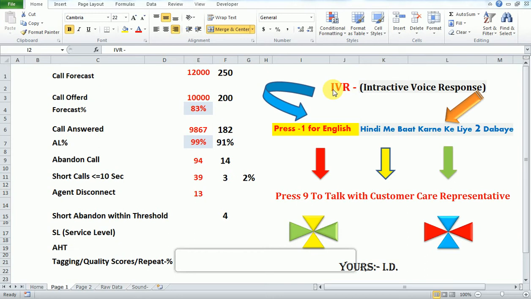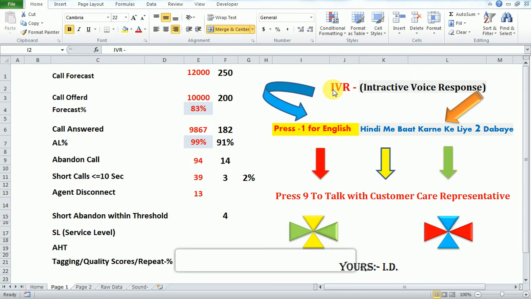If you want to know about your billing amount, press 1. If you want to know about your base activity service, press 2. If you want to pay your amount, press 3. If you want to talk with a customer care executive, then press 4. So lots of options are there, and you may find the answer according to your query.